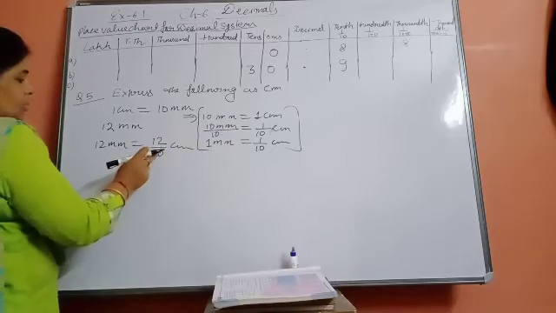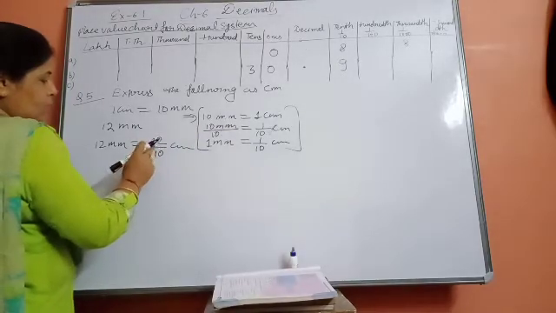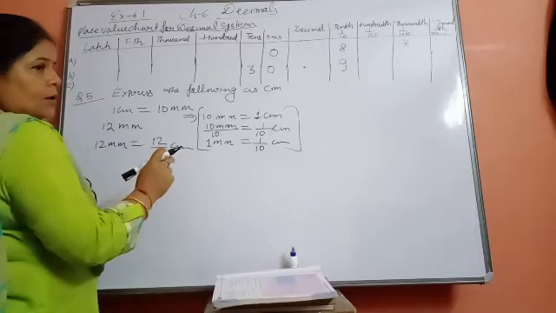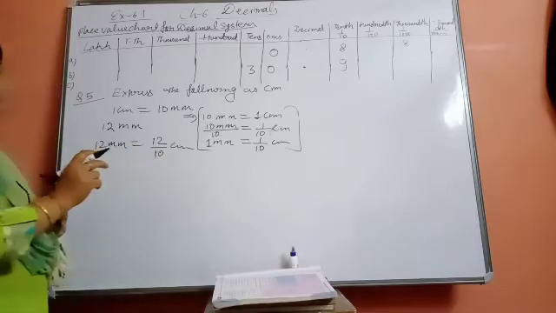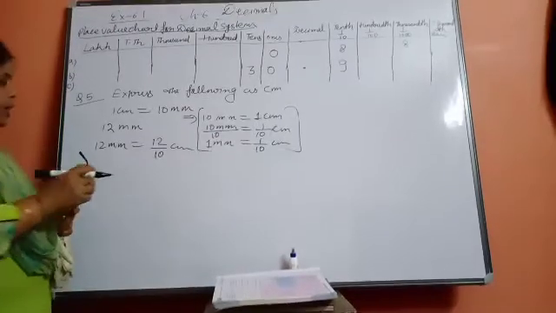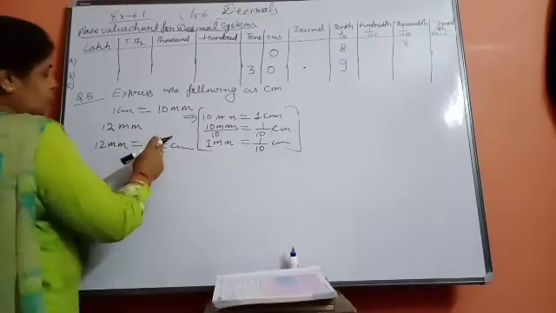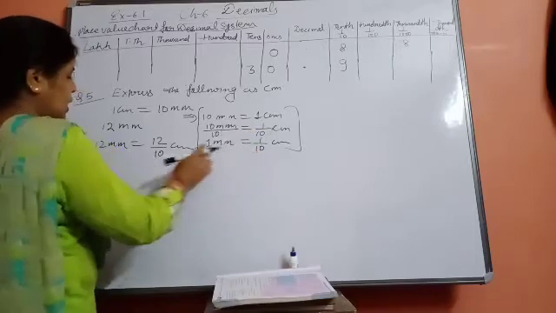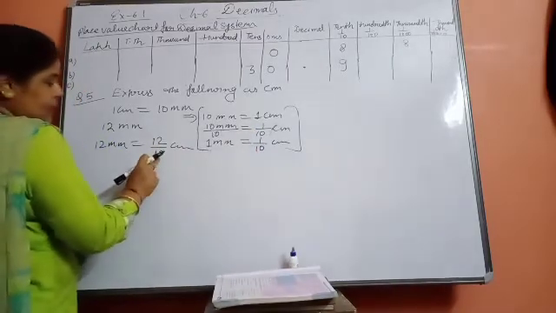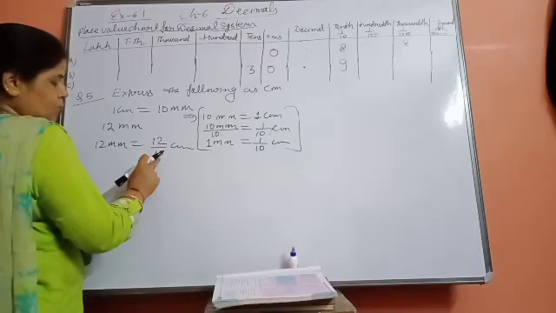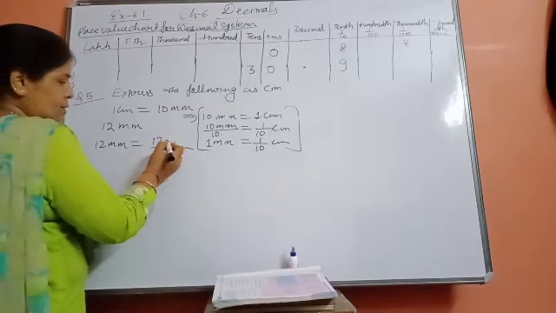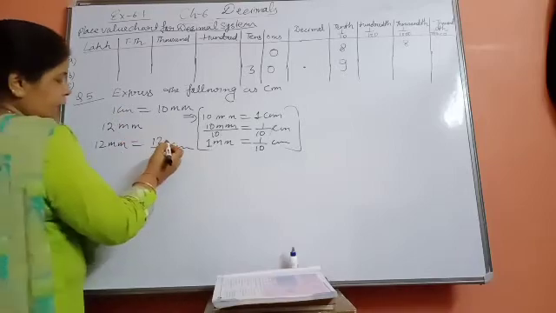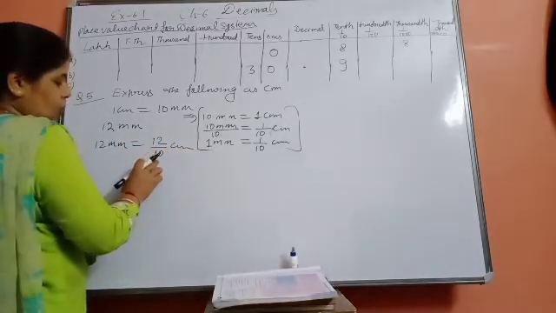12 upon 10 we have to write as a decimal now. 12 millimeter is equal to 12 upon 10 centimeter, converted by this formula. Beta, here there is 1 zero. The decimal is at the right end, because between these digits there is no decimal.